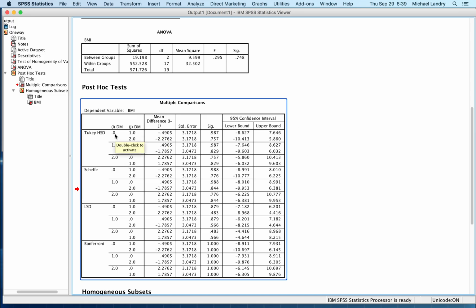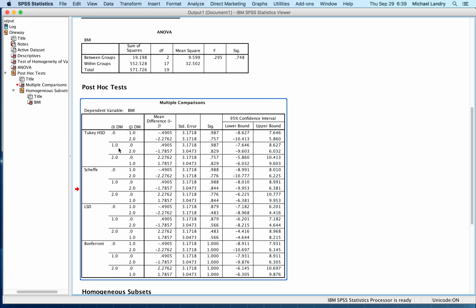Secondly, we have the comparison of those with no diabetes, what we coded as 0, and those with type 2 that we coded with 2, having a significance of 0.757, also a non-significant difference.